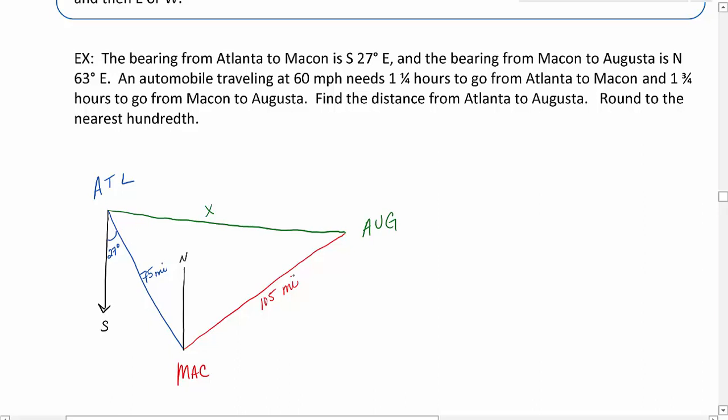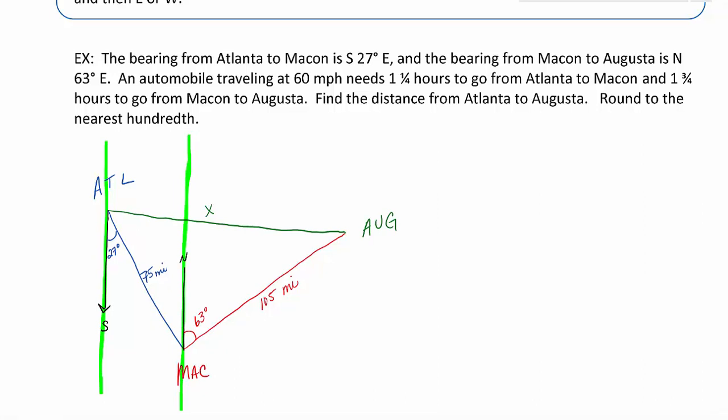And once again, we need to prove that we have a right triangle. I also see that I need to label here this bearing of 63 degrees. We're again going to use the fact that our south line and our north line are parallel to each other, and this blue line is a transversal cutting those two parallel lines.